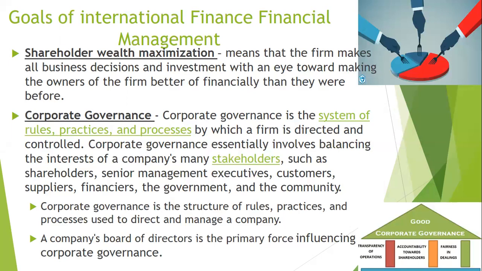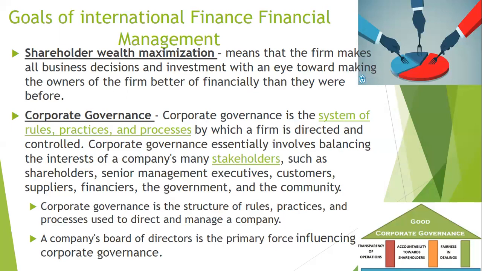It essentially involves balancing the interests of a company's many stakeholders, such as shareholders, senior management executives, customers, suppliers, financiers, the government, and of course the community. Corporate governance is the structure of rules, practices, and processes used to direct and manage a company.